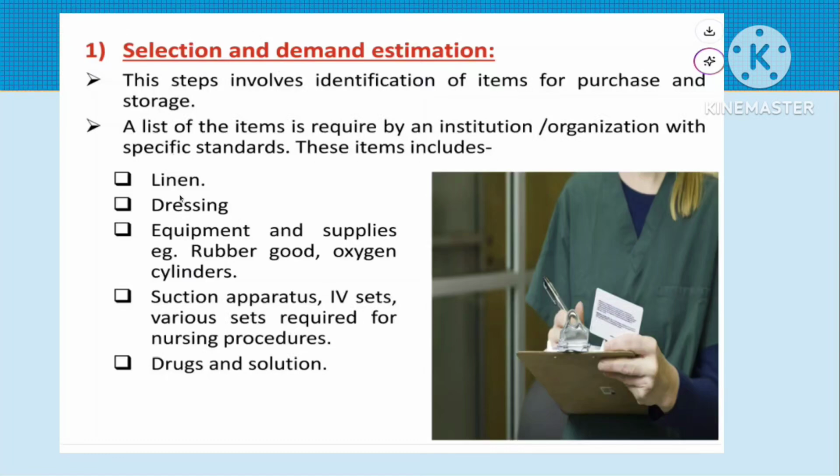These items include usually what we require in a hospital: linen, for dressing equipment required cotton, gauze, syringes, normal saline solutions, all the equipment and supplies. Example: rubber goods, oxygen cylinders, oxygen sets, masks, pipes, everything. Suction apparatus, IV sets, various sets required, IV cannulas for nursing procedures, drugs and solutions. Like that, you have to provide the list.